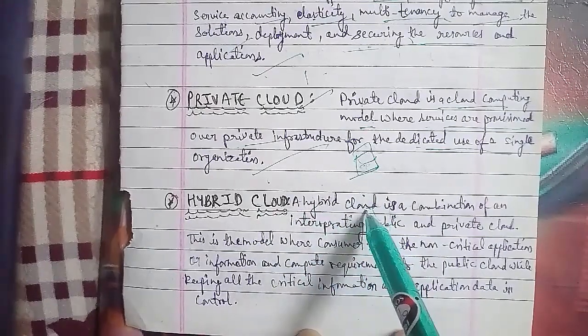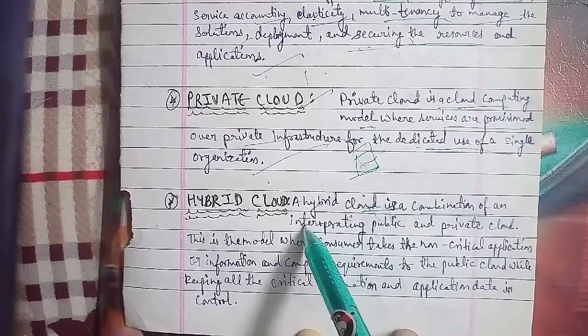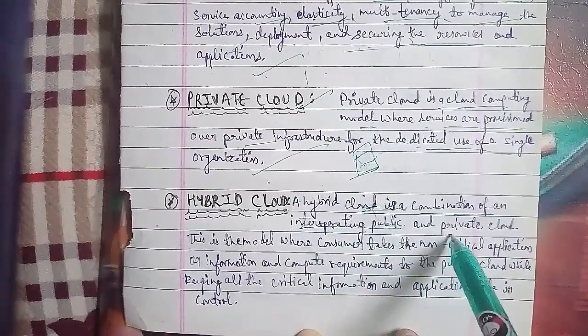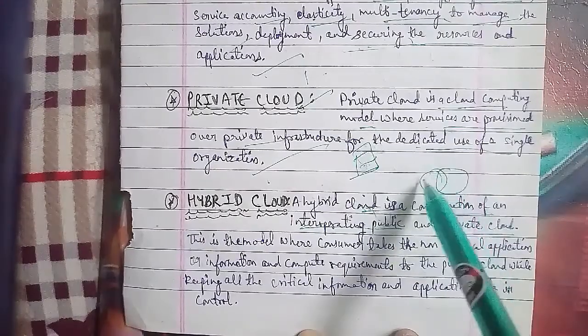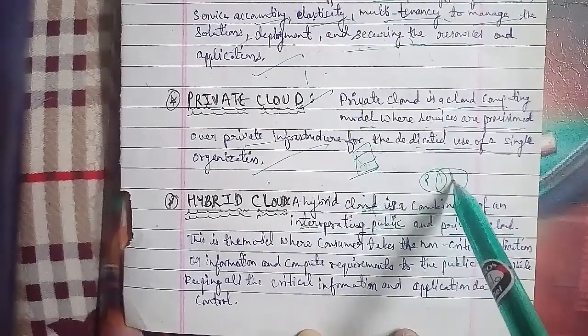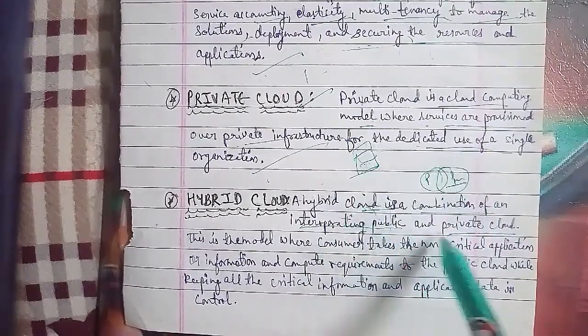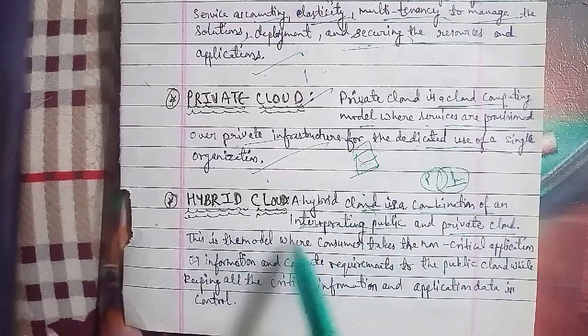So integrating public and private cloud, this is the model where the consumer takes the non-critical application or information and the computing requirement to the public cloud, while keeping all the critical information and application data in control.